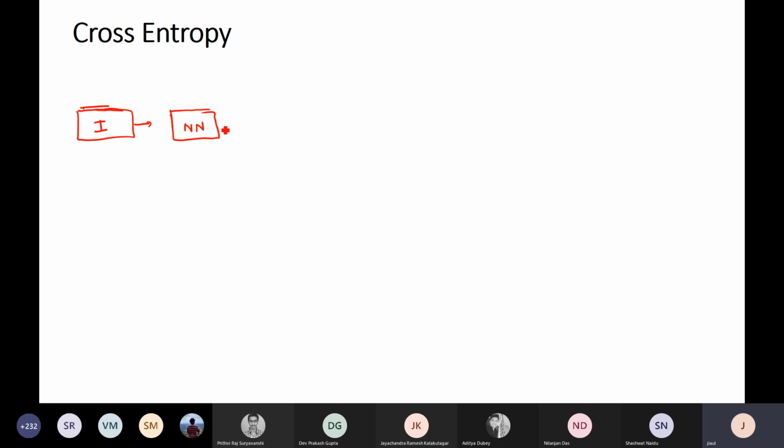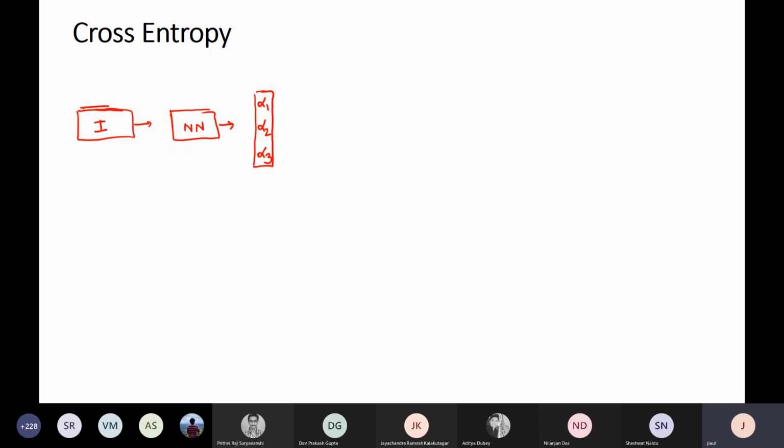Then you have some values here. For simplicity, I'm keeping these very small. Say this is alpha 1, alpha 2, and alpha 3. These are all scalar values, something like that, coming out of your final neural network.